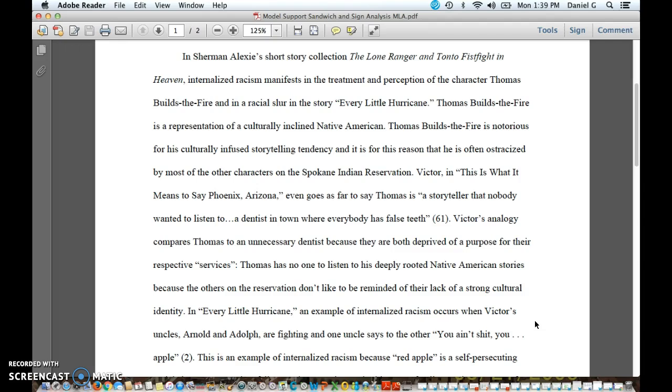First, note that the writer provides details in the context that are useful to the analysis. Thomas is a culturally inclined Native American, or someone who believes in the value of knowing his Native American identity. That information is mentioned right here.